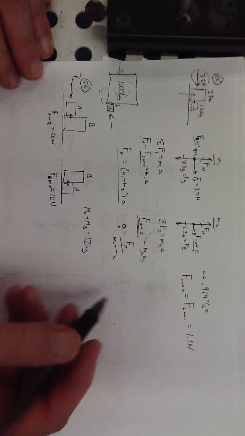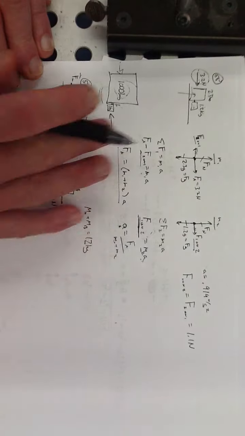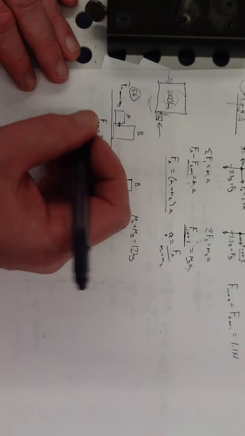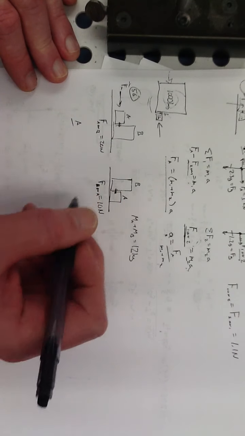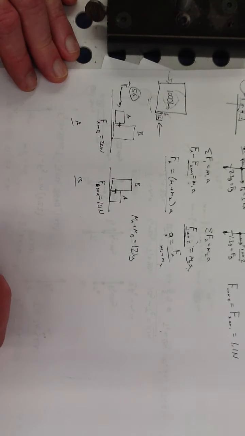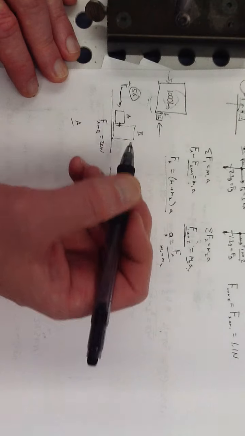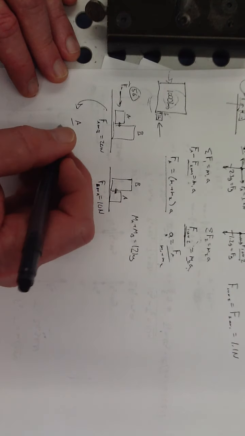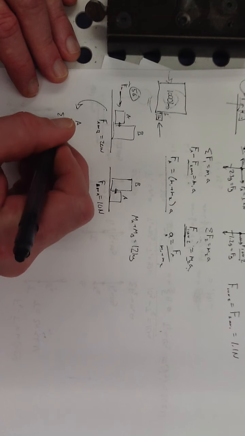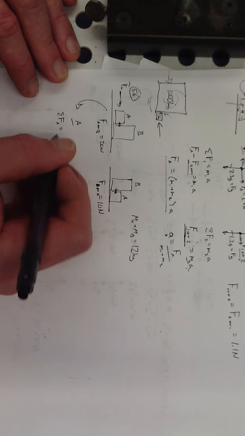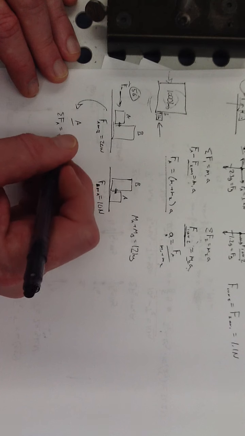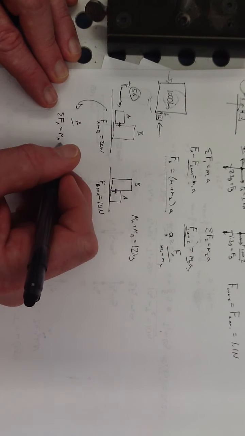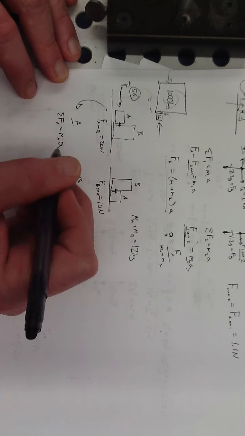Okay, so looking back, thinking about this problem, you can set up all those diagrams again, and I think actually we can't shortcut that. So here's block A, here's block B. This is for this situation here. So in this situation, I'm going to have sum of all forces on A equal to the mass of A times the acceleration of the blocks.